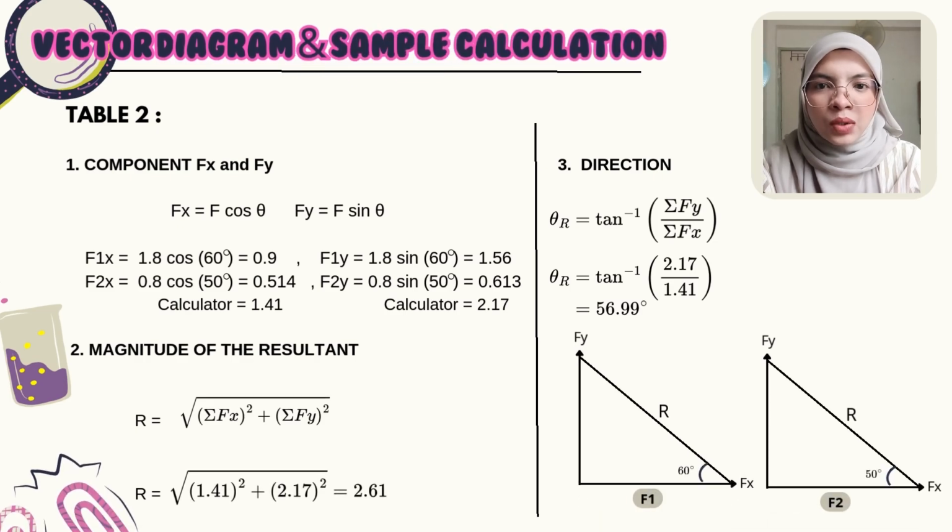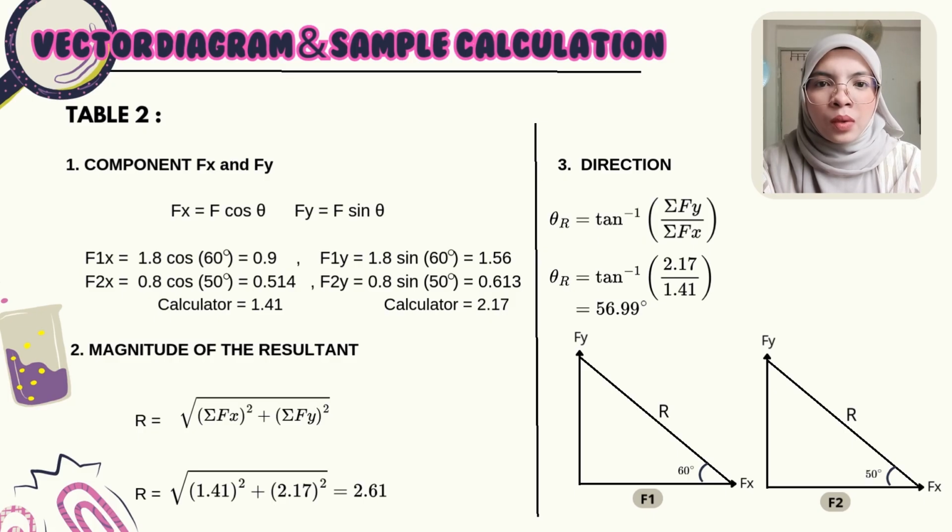The next slide shows the same vector calculation and vector drawings that include the components Fx and Fy, the resultant magnitude and the vector direction. The Fx component is obtained using force cos θ, while Fy uses force sin θ. Fx and Fy are added to obtain sums of 1.414 for F1 and 2.174 for F2.